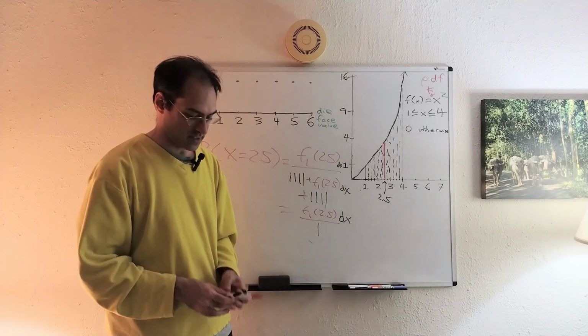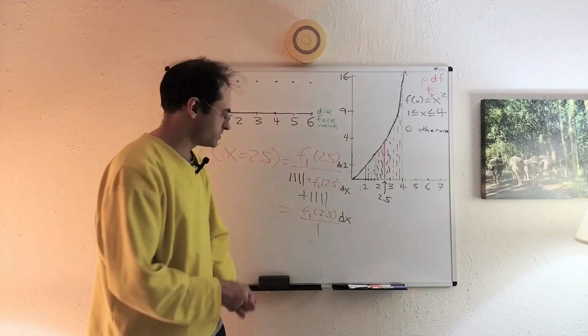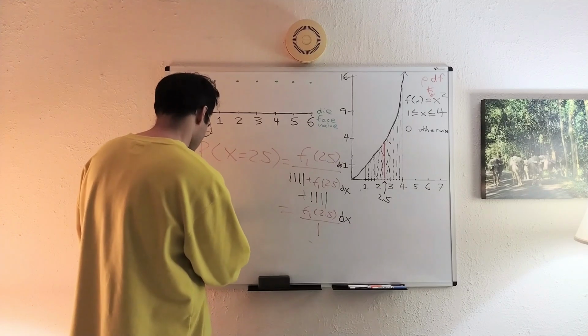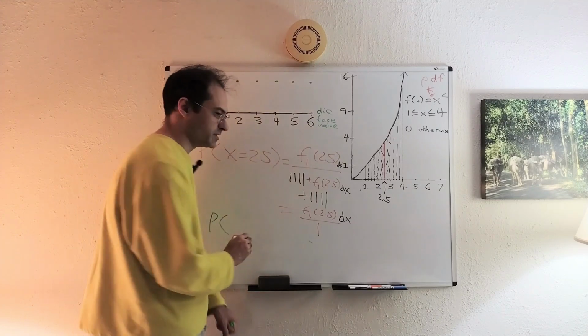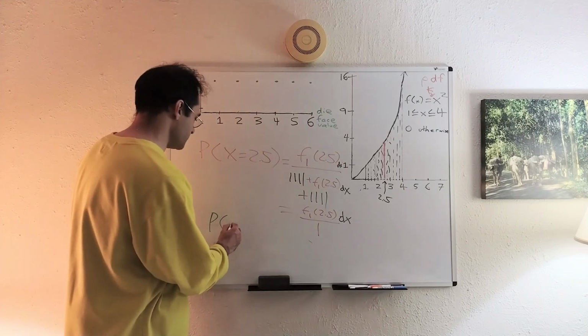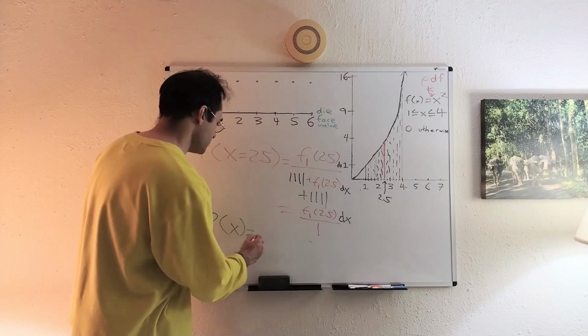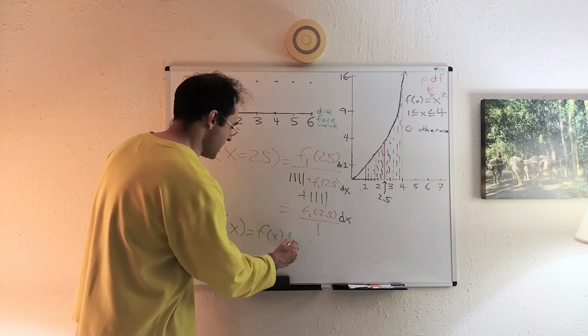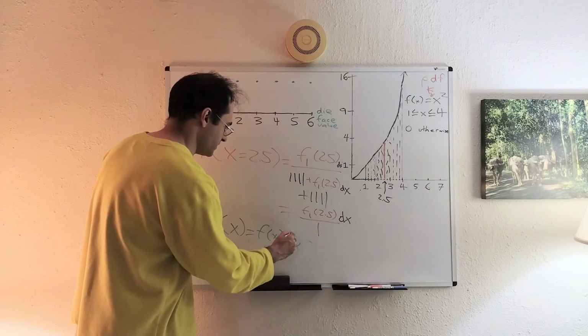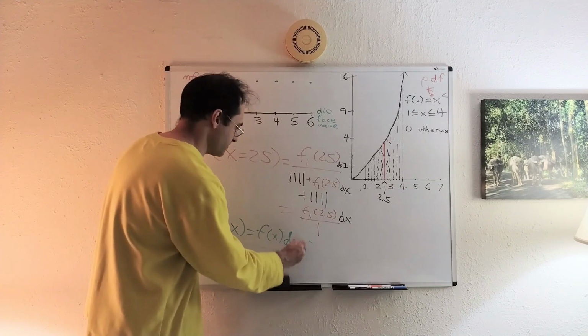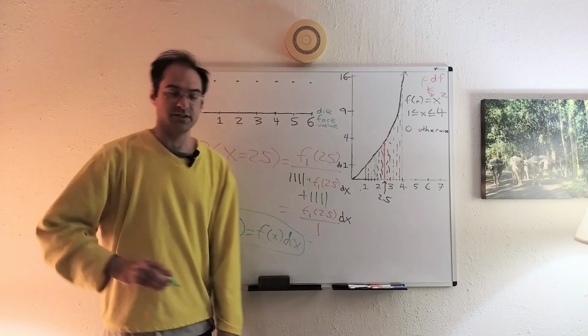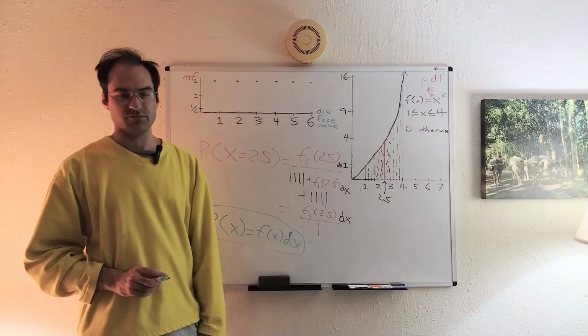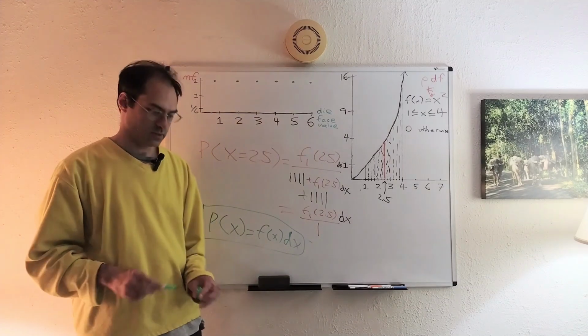So generalizing, the probability the continuous random variable is equal to exactly x is equal to f of x dx, in the context that the dx is an infinitesimally small amount.